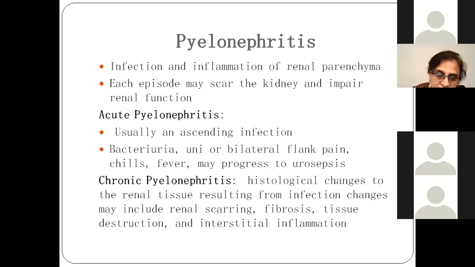Whenever there's a recurrent infection, with every acute infection, there is going to be scarring of the renal tissue, and this scarring will cause loss of function, and there can be fibrosis and tissue damage also. These infections might be new infections every time, or they can be a persistent infection, and if it's a persistent infection, then it will be more damaging, and it's going to cause renal scarring.